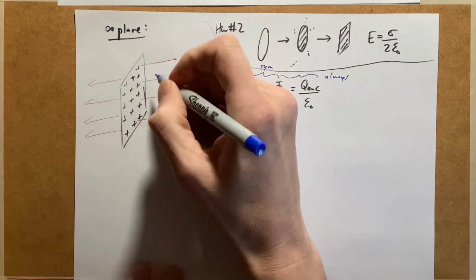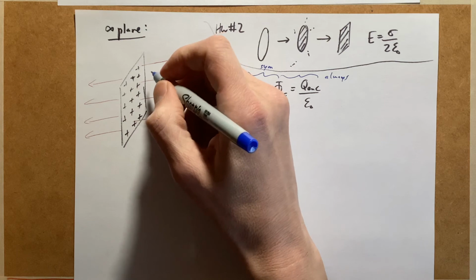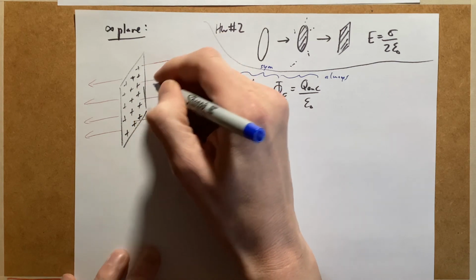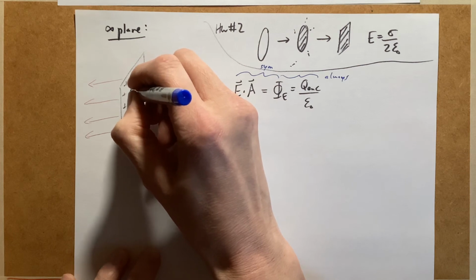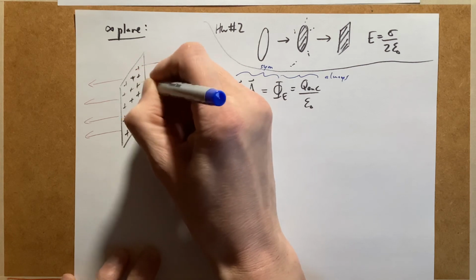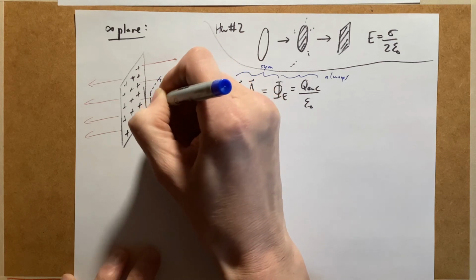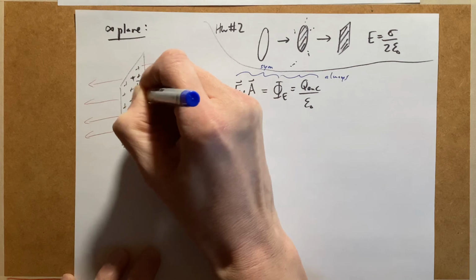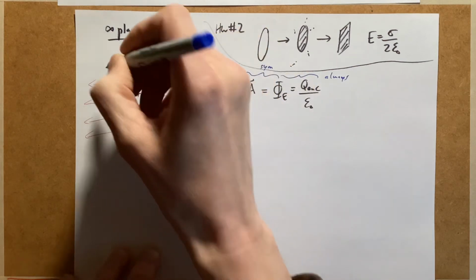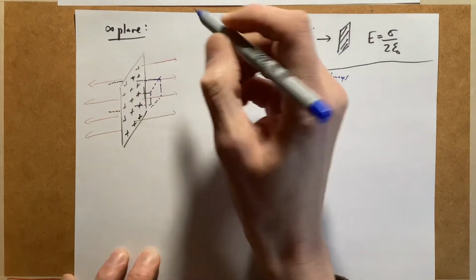So here's what I'm going to do. I'm going to choose what I've heard called a Gaussian box, Gaussian pillbox, or what have you. Essentially, this is a surface that is going to be like a rectangular box, and it's going to include a piece of this infinite plane.